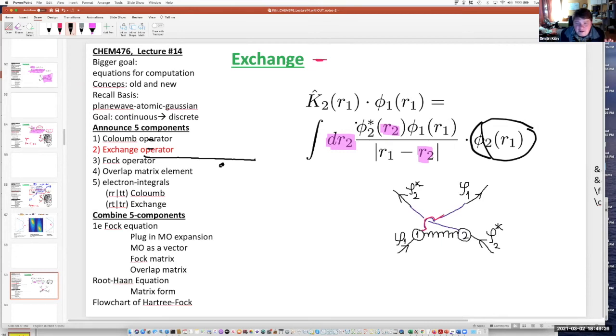But after practicing this operation, and here is the confusion for everyone, after practicing this operation, which we put in this symbol K, the electron number 1 goes from state 2 to state 1.